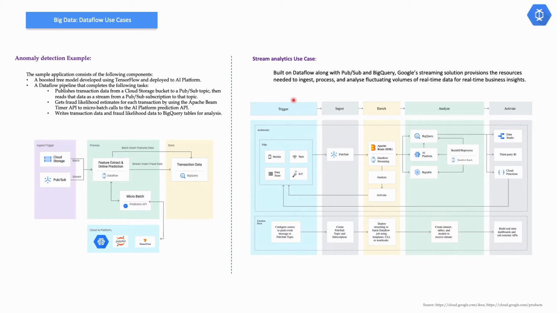The one on the right, if you look at any of the edge-based application architecture, whether you have mobile, web, data stores, or IoT devices, they ingest the data through Pub/Sub. Pub/Sub receives that data. Then Dataflow streaming reads data from Pub/Sub.